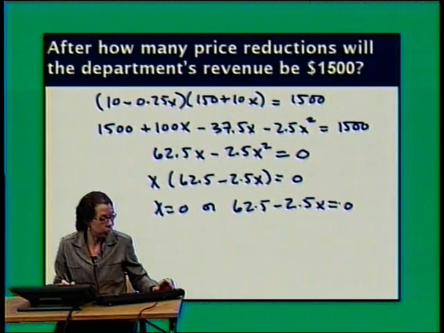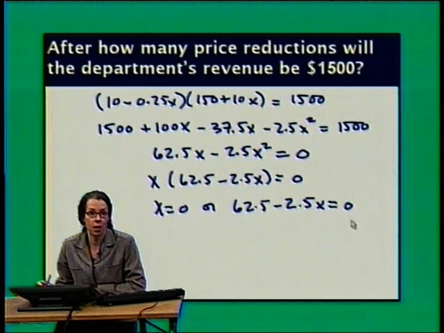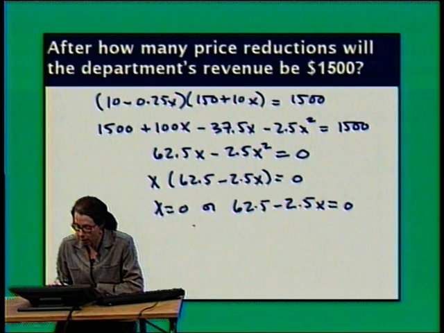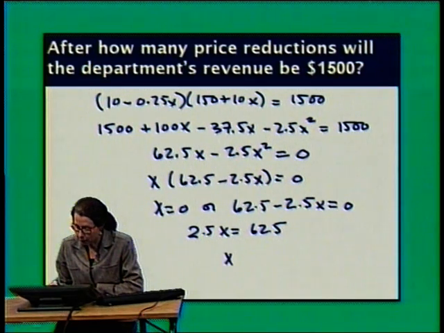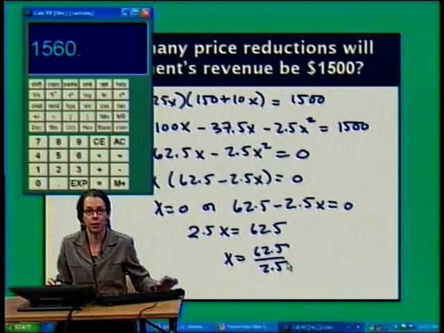So x equals 0, this corresponds to no price reduction, and we already figured out that on opening night, the theater department's revenue was $1,500. This is the other situation that we're interested in. So solving that equation, I have 2.5x equals 62.5. So x equals 62.5 over 2.5. Let's calculate it.